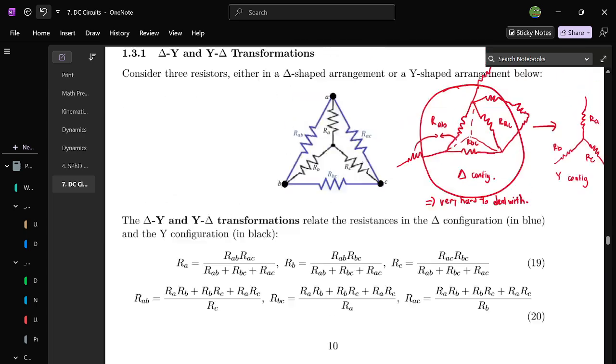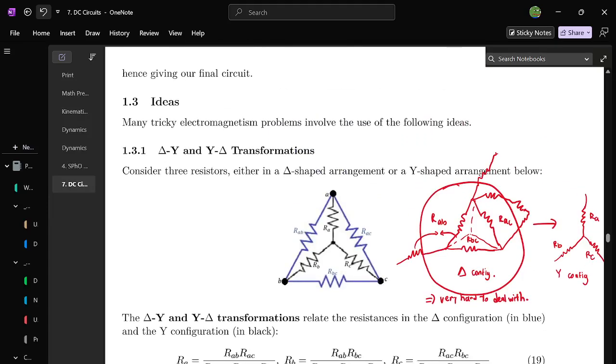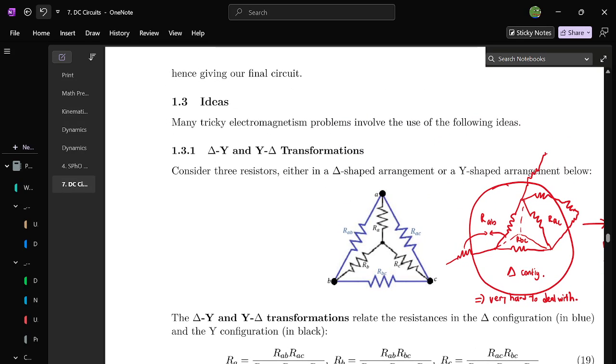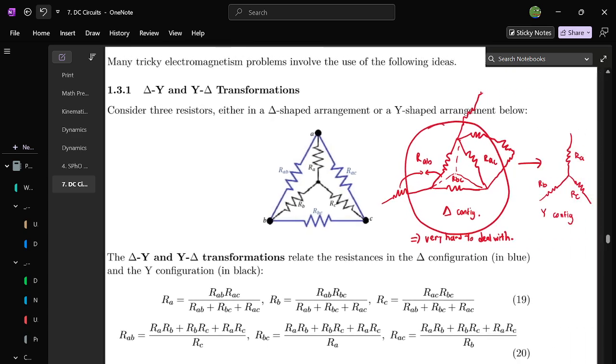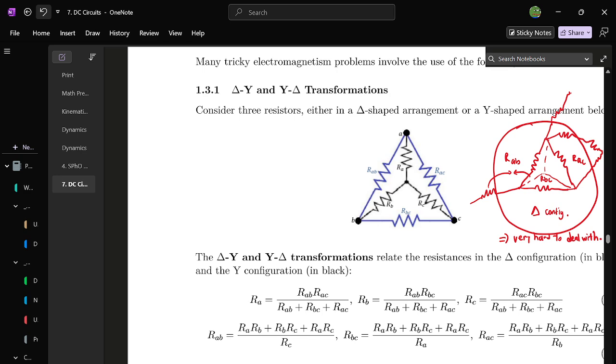To prove this, the proof is actually quite simple. All you need to do is just know how resistors in series and parallel work. So what do I mean by this? Let's say I'll just outline how the proof works. Let's say you have this. I will not write the resistor symbols, just to save some time.